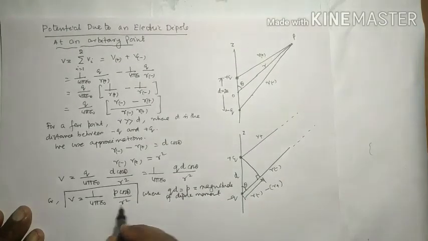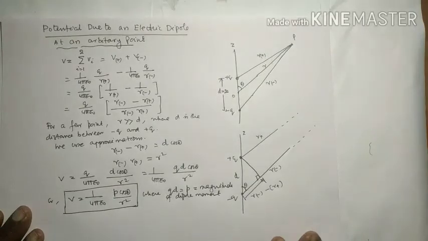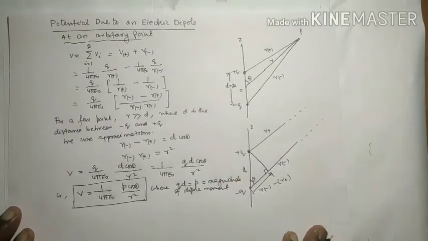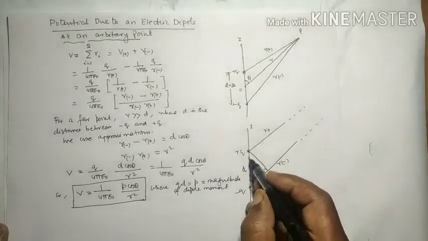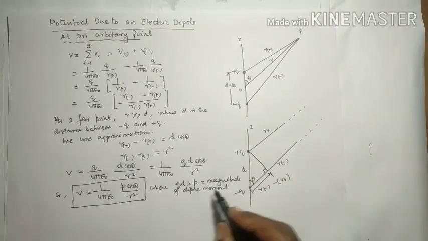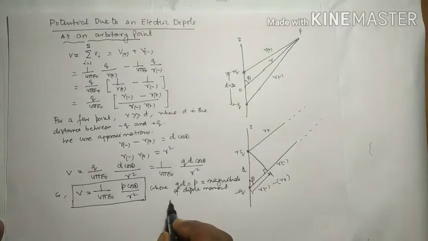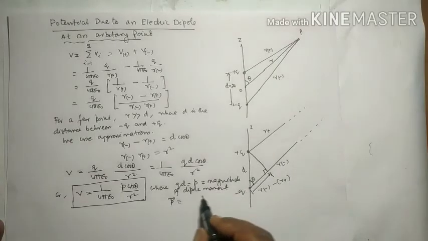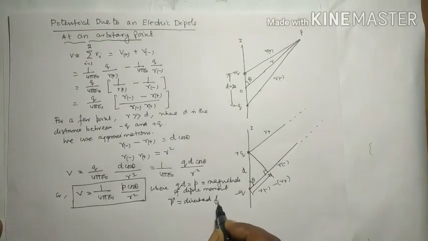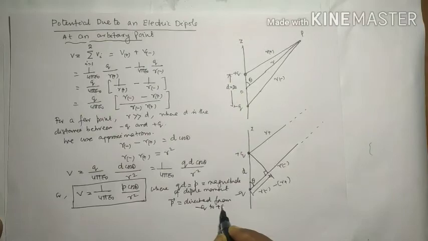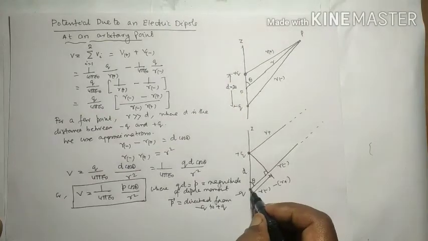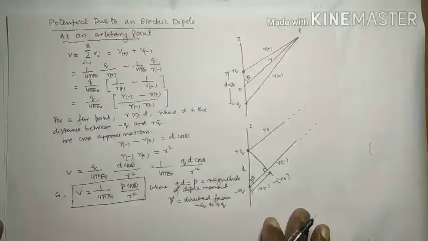So this is the potential at an arbitrary point due to an electric dipole. Here theta is measured from the dipole axis. The p vector, the electric dipole moment, is directed from the negative charge to the positive charge, from minus q to plus q. So theta is the angle between the p vector and r.